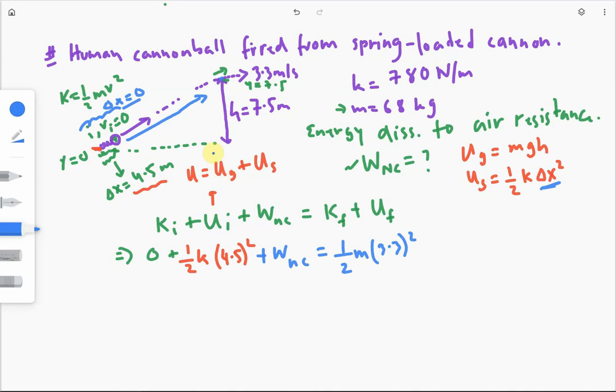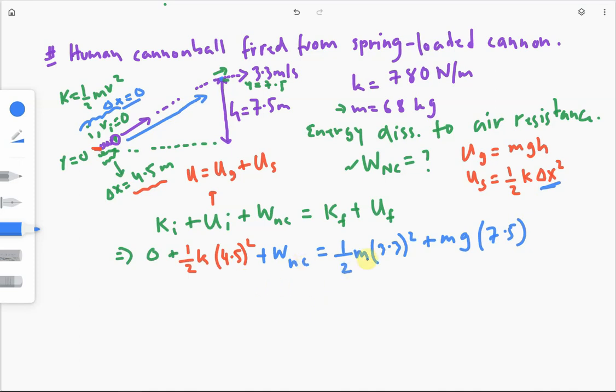But after being launched, the person has gained some height above the ground, which is the height of the net. It just crosses over the net, so we can consider the height to be the height of the net, which is 7.5 meters. Therefore, it has gravitational potential energy: mass times g times the height, which is 7.5. This is our equation we need to solve for W non-conservative.